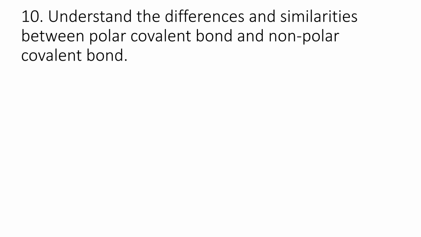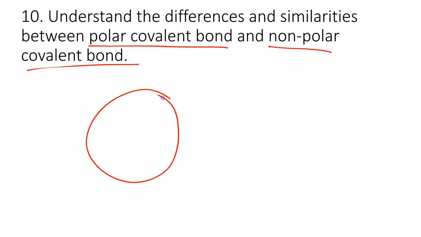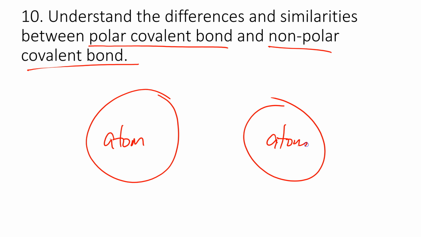So if the electron is closer to this atom, it is going to become delta negative, or partially negative. Now that gets us to polar covalent bonds and non-polar covalent bonds. Basically, when you have two atoms, they share electrons, right? That's what a covalent bond means. But the electron is closer to the atom that has a higher electronegativity.